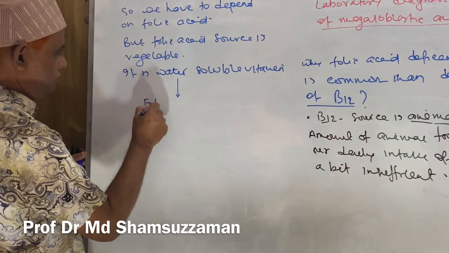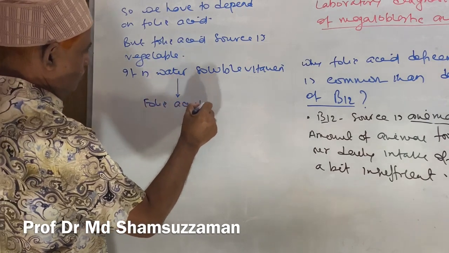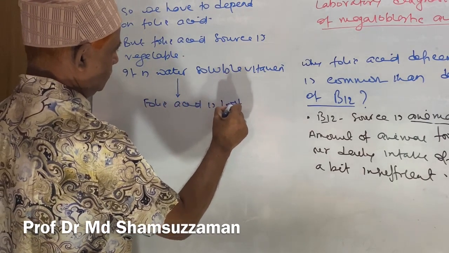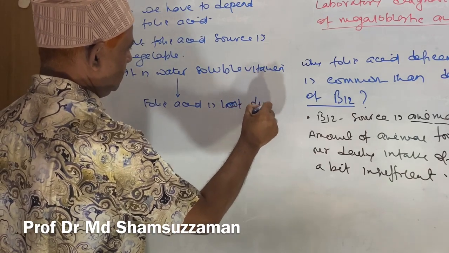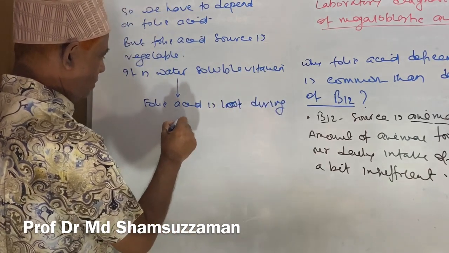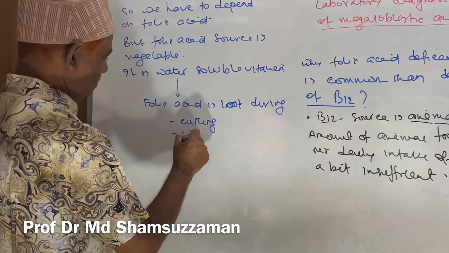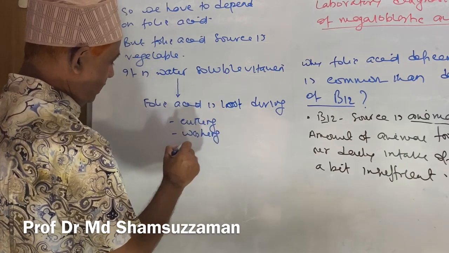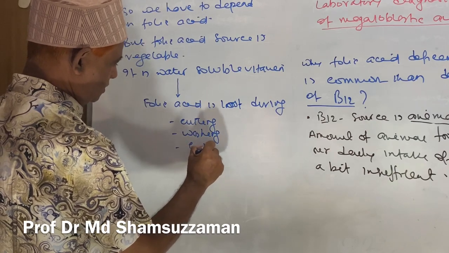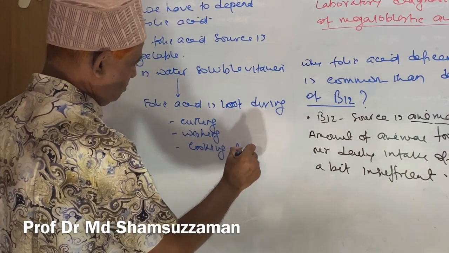Folic acid is lost during cutting, during washing, and during cooking of vegetables.